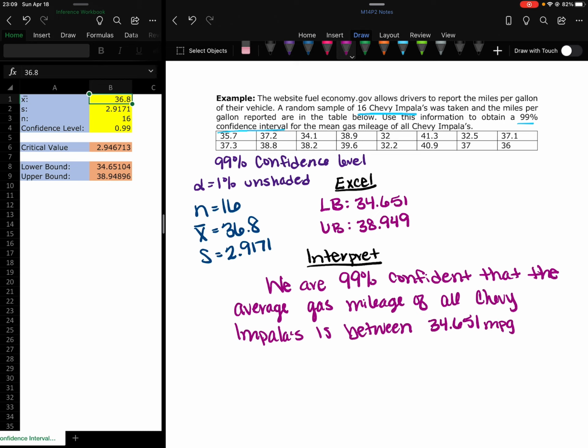That's my unit, miles per gallon. And 38.949 miles per gallon.